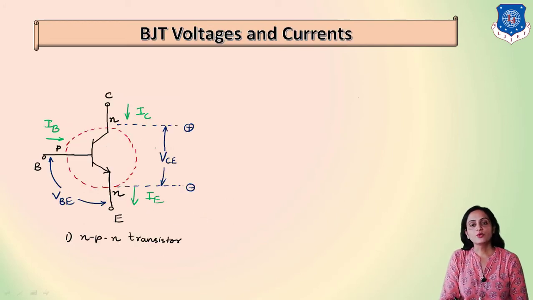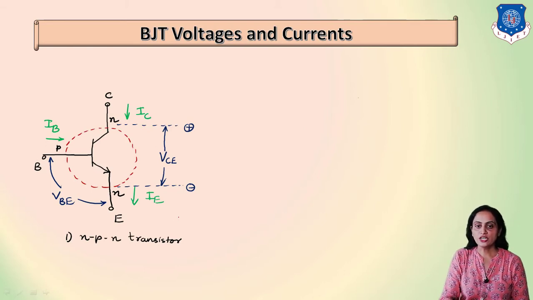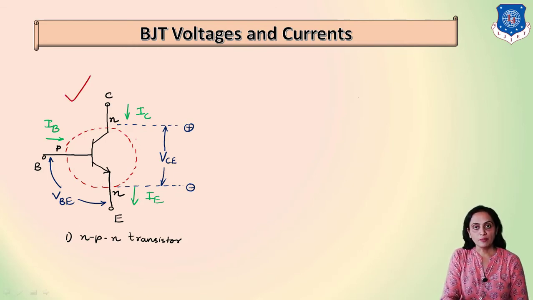Let us see the BJT voltages and currents for the NPN transistor. You can see this is the symbolic representation of an NPN transistor. How will you identify that this is an NPN type? As I explained in the previous video, you can see on the emitter the arrow is outside. If the arrow is going out, that means this transistor is an NPN transistor, and this particular terminal on which we show the arrow is the emitter terminal, this middle one is always the base terminal, and the other one without the arrow is the collector terminal.